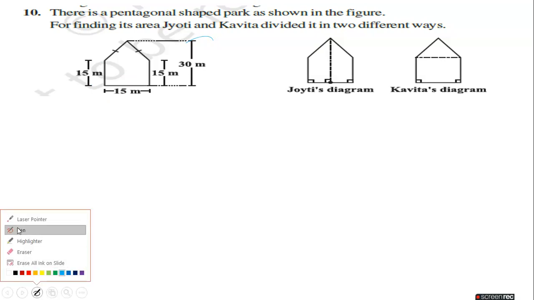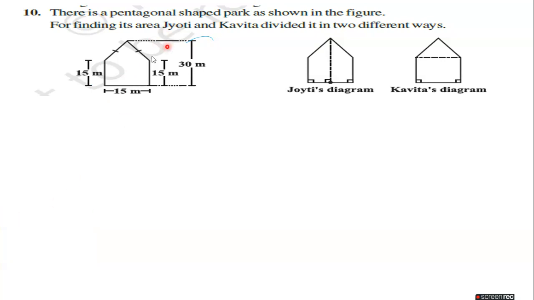Some notation if you want to give, then you can give A, B, C, D, E. So this is Jyoti's diagram. These both friends are going to find the area of this park, but the methods are different. This is Kavita's diagram.